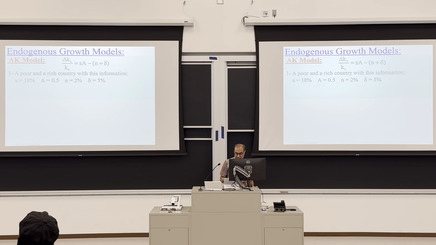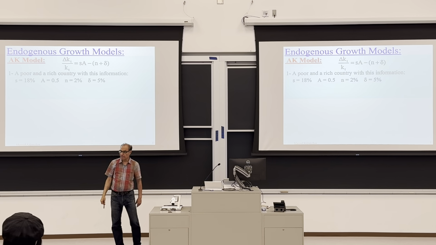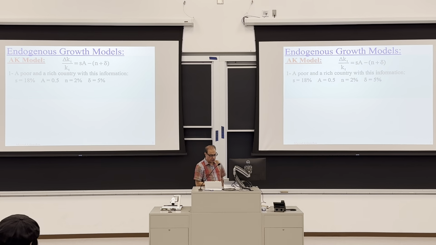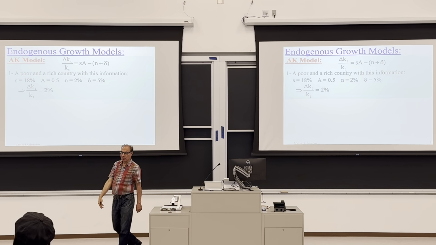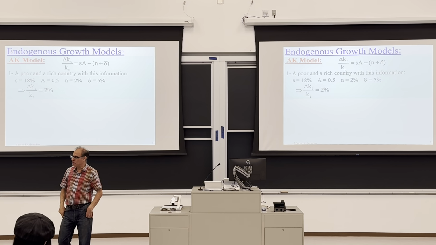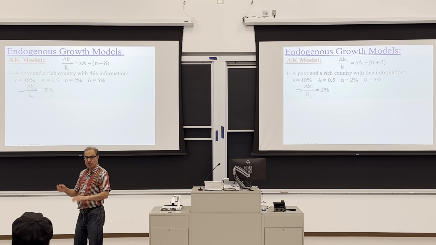So what happens? If you have a poor country and a rich country with s, A, and delta numbers, yes? So these two countries are growing at what? If you plot the numbers over there, these two countries are growing at 2% per year. Now, you tell me, do these countries converge to each other?